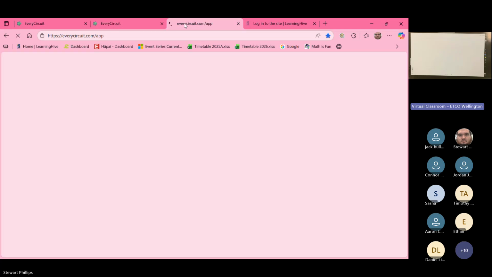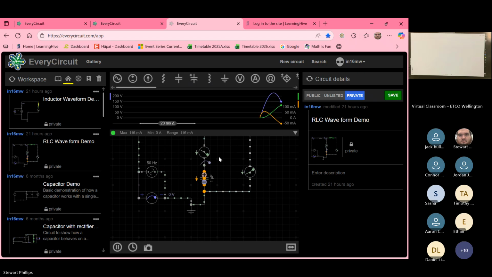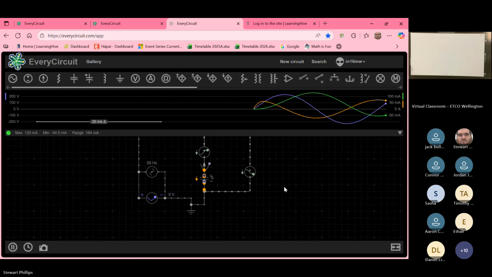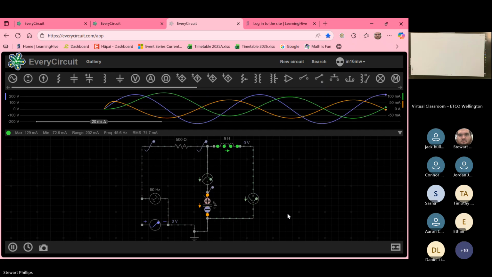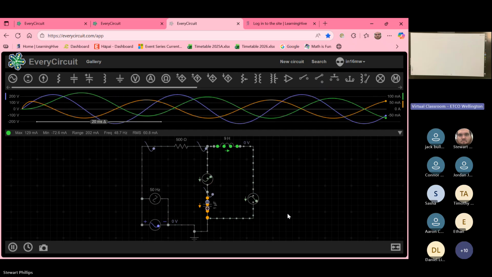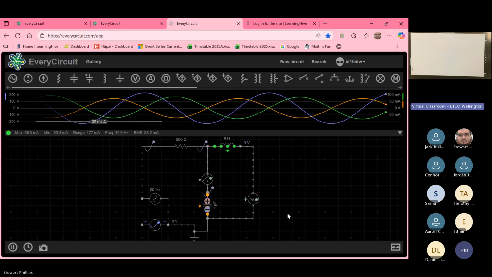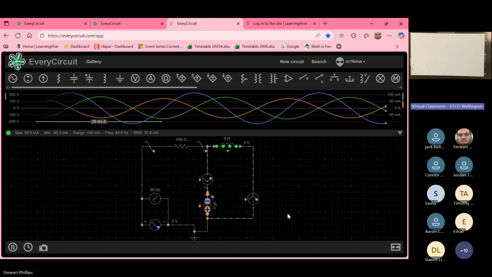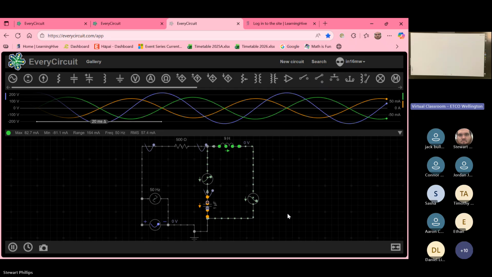Now, if we look at the next one, you can see here the orange, which is the capacitor, is leading the voltage, which is the blue, and the green, which is the inductor, is lagging behind.